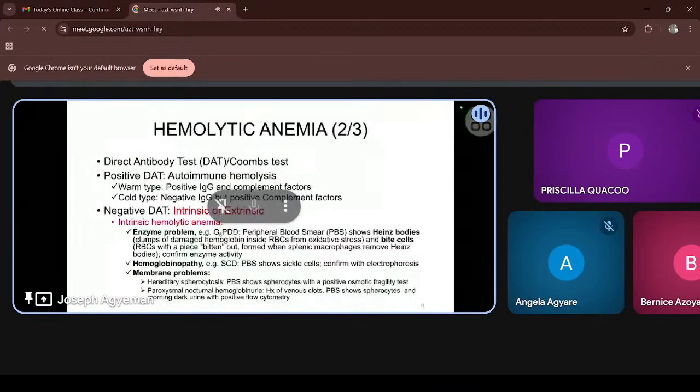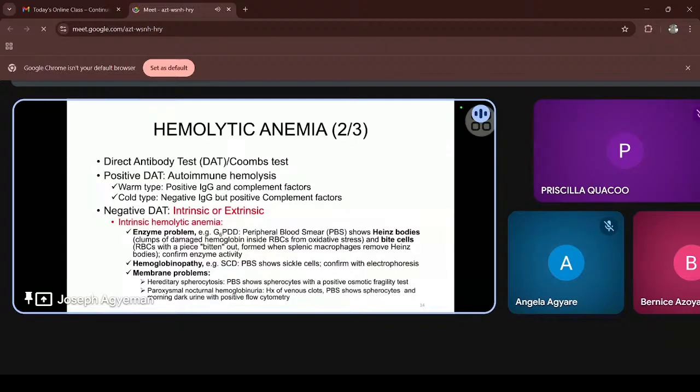So let's say we are going after the possibility of an autoimmune cause. If that is what you are after, then the lab that you have to do is the so-called Coombs test. What is the Coombs test? A test that identifies antibodies directed towards red cells, and the antibodies will make sure that the red cells are destroyed.